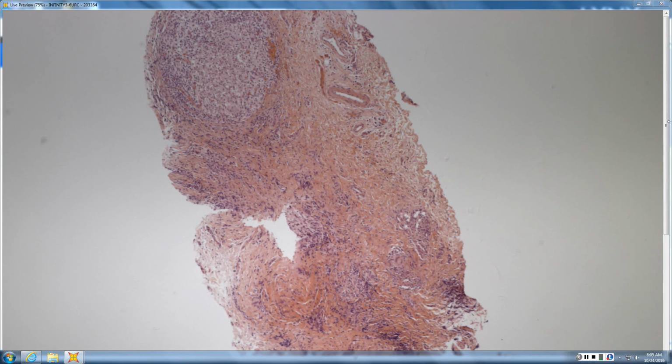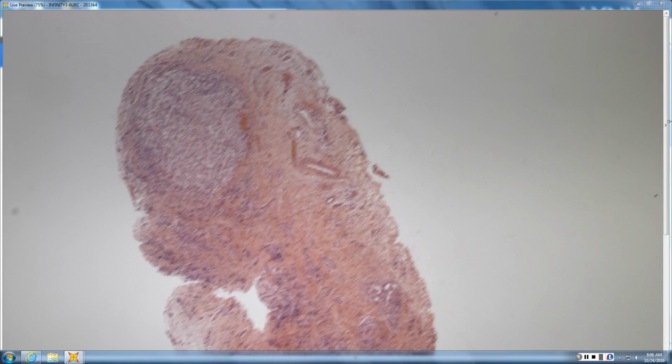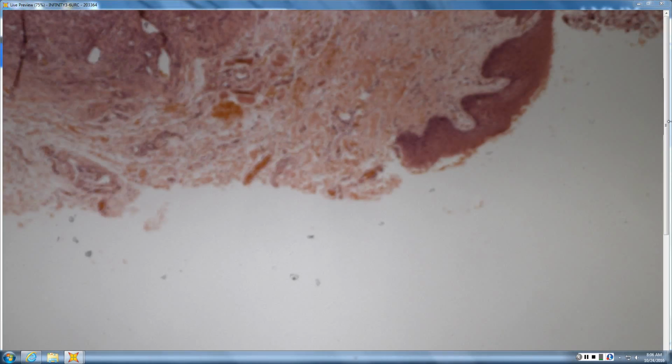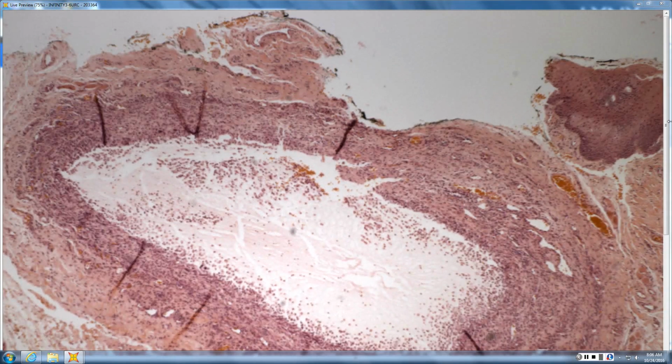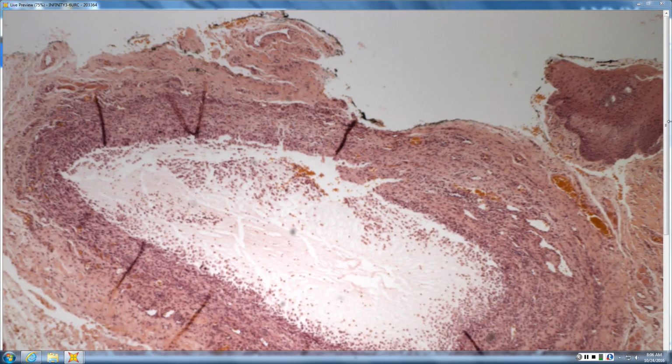Okay. Let's see what else we need to do here. So we've got that. We've got this one. Okay, that's a mucocele with more mucin in it, and you have mucophages around the edge.